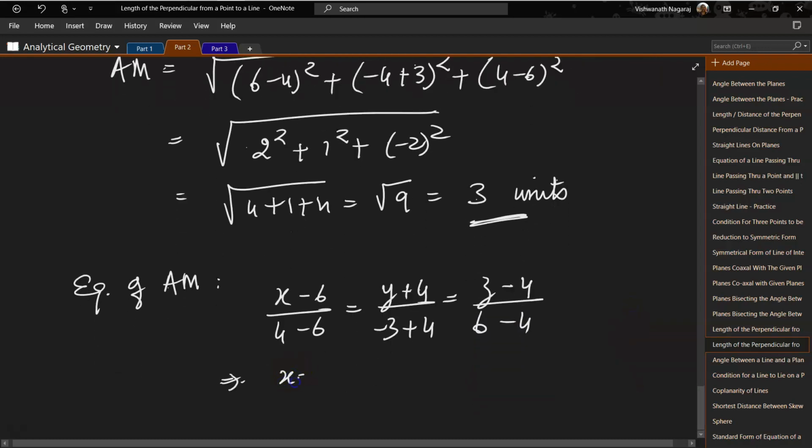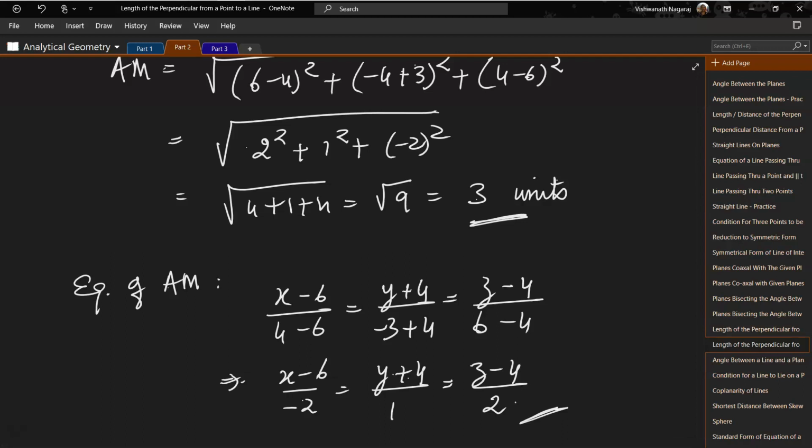Now simplify. x minus 6 by minus 2 is equal to y plus 4 by 1 is equal to z minus 4 by 2. So this is the equation of the line perpendicular to the given line.